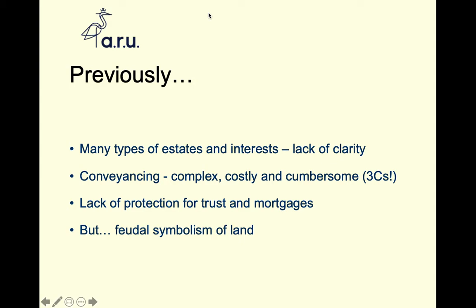However, you've got again this still hierarchic approach to land, and you'll have seen that in what we're doing already: this idea of state ownership, the hold of the bank, this recognition of the balance between landowner and tenant and all these other people. So there is still a kind of feudal approach that it's impossible to completely do away with. It's impossible to do away with Crown rights to land.